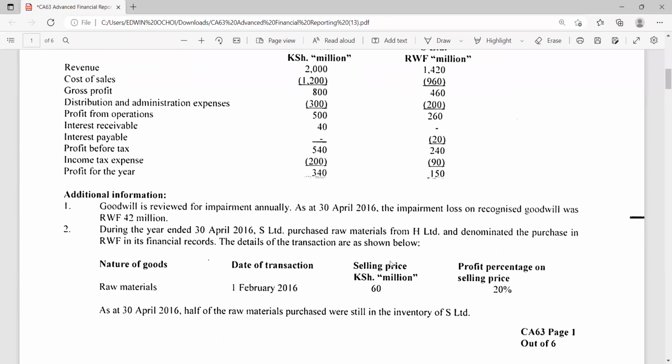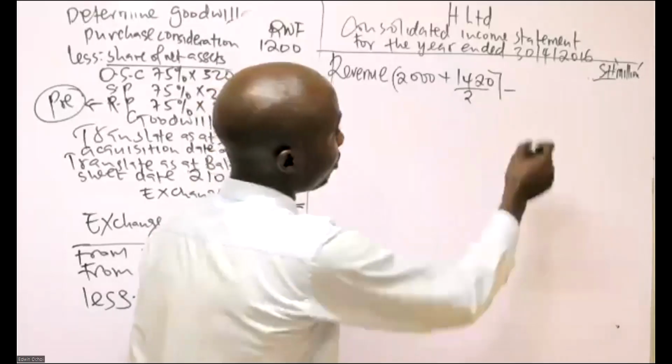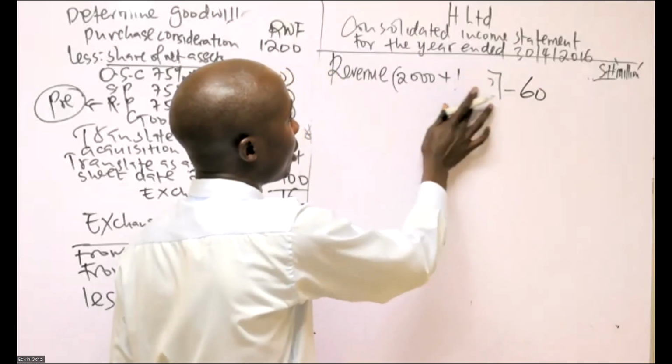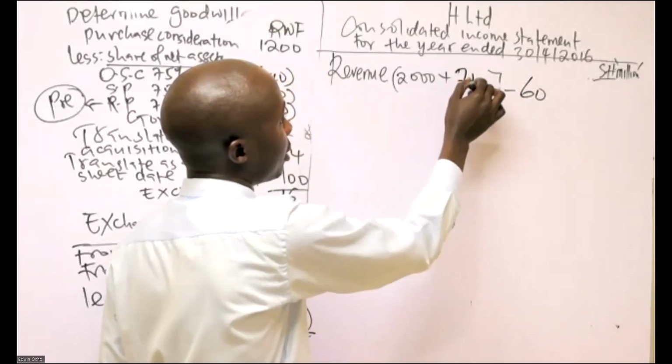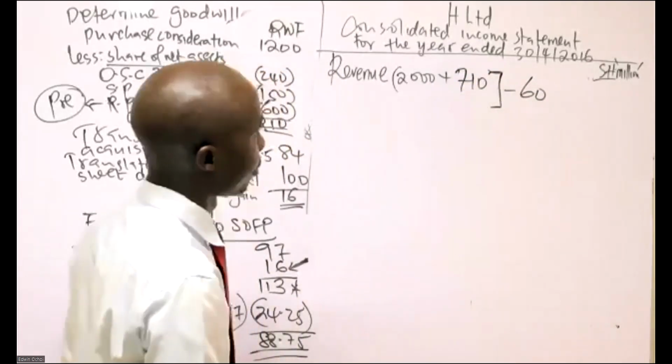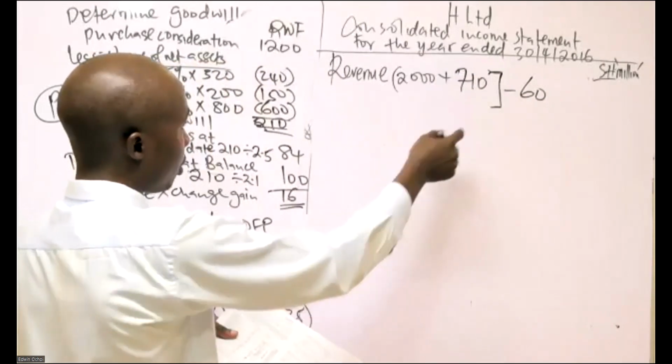Those are the goods, so the selling price is 60. That is what you minus here. But now we don't have to do this because already we translated. We know that this is 710. We already did step 1.